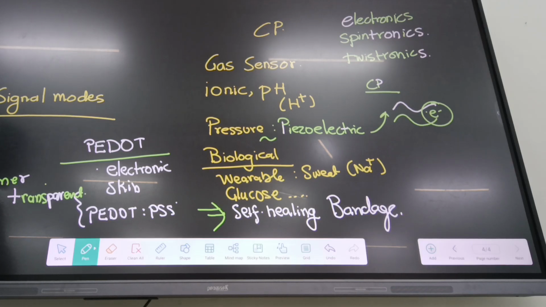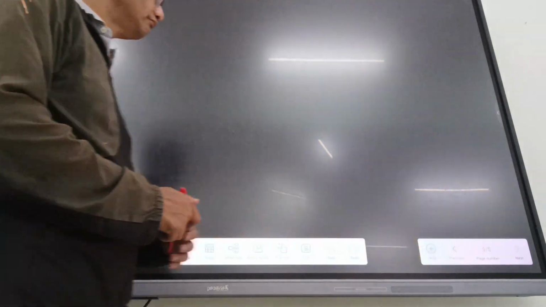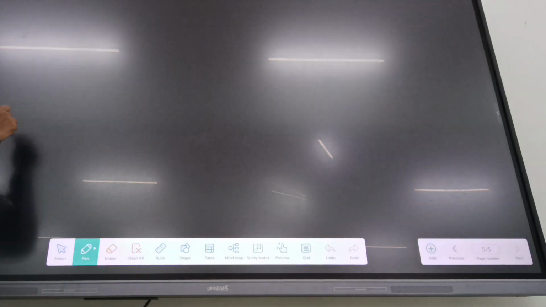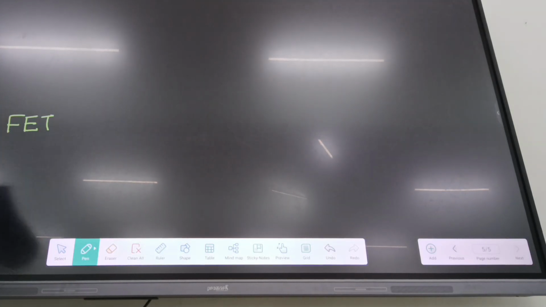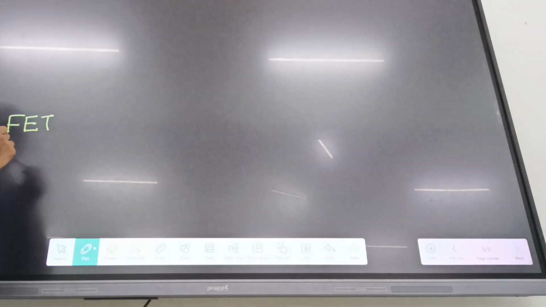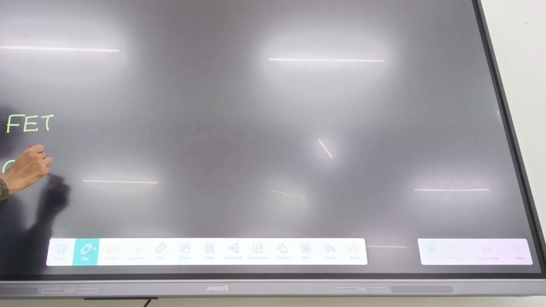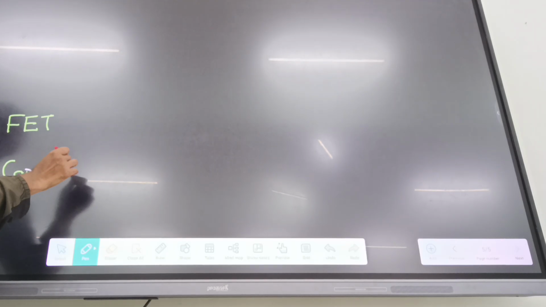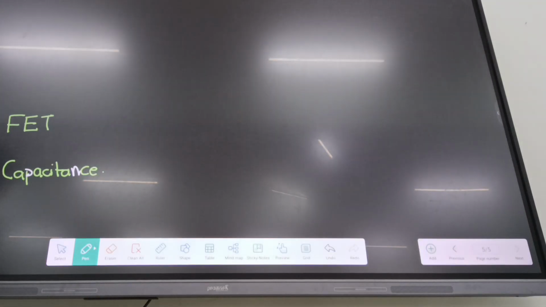So conducting polymers can also be used in field effect transistors, FET. They can also be used to make the capacitance. How? What was the need for capacitance?